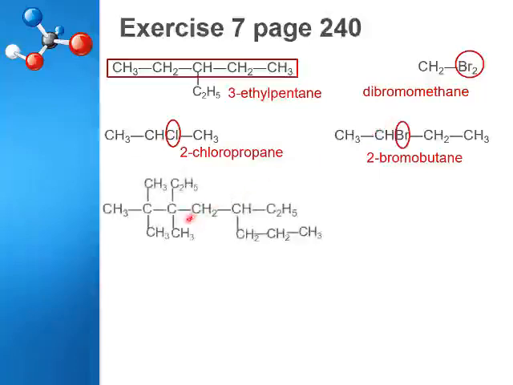For this one we must determine the longest chain. If we consider this chain here, we have 8 carbon atoms, and we have 1, 2, 3, 4, 5 branches. If we take this chain, we have here also 8 carbon atoms, but we have 1, 2, and 3 ramifications.